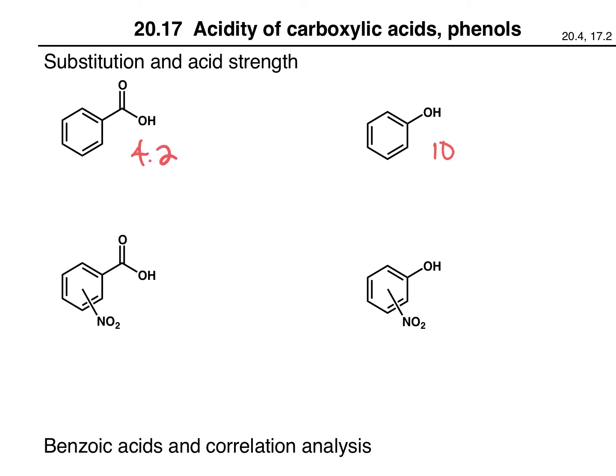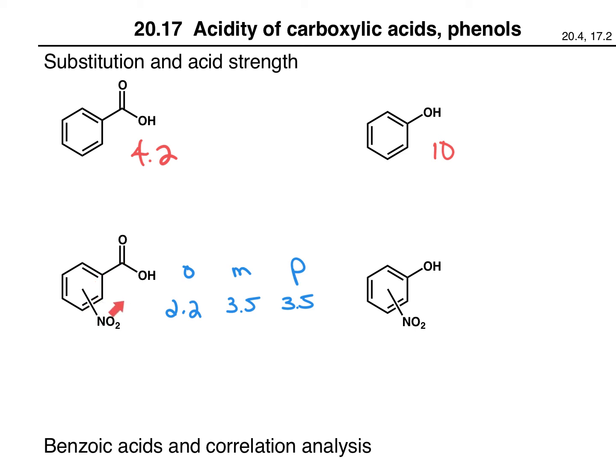If we look at nitro-substituted benzoic acid, we can have the nitro group ortho, or meta, or para, and this gives us a pKa of 2.2, 3.5, and about 3.5. The nitro group will be pulling away electron density, and so making this hydrogen more acidic and also stabilizing the conjugate base.